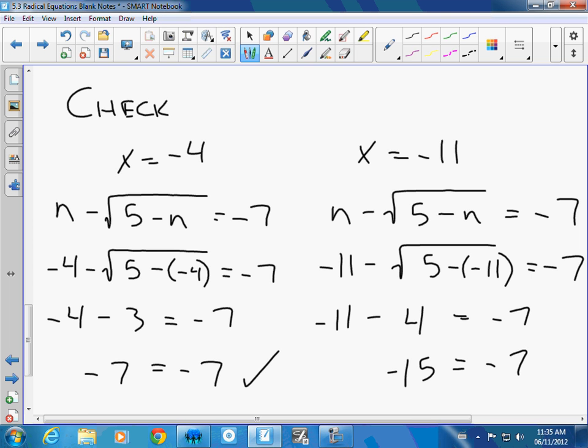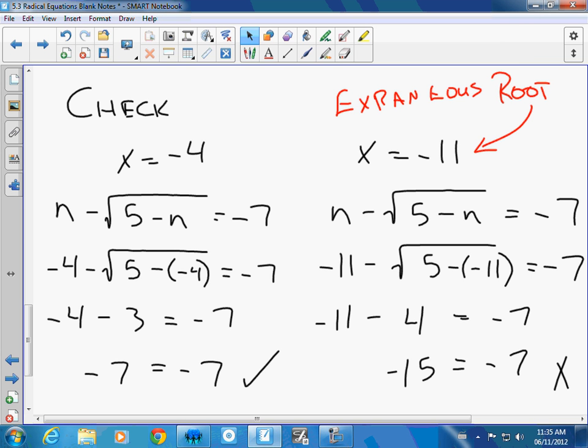Is that true? No, sir. No way. So x equals negative 11 is known as an extraneous root. Oh, I forgot a T. Extraneous, there we go.